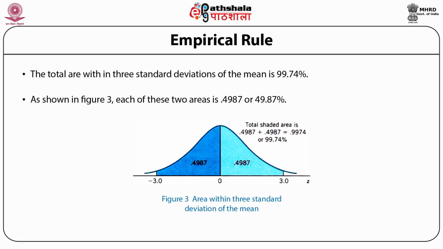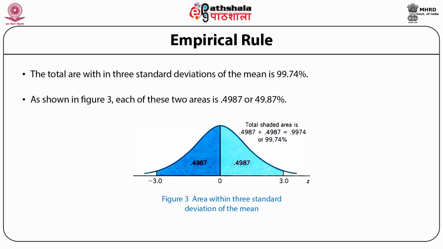This comes out to be 99.74%. So the total area between -3 and +3 is the shaded area in figure 3, from left side to right-hand side, and this area is 99.74%.